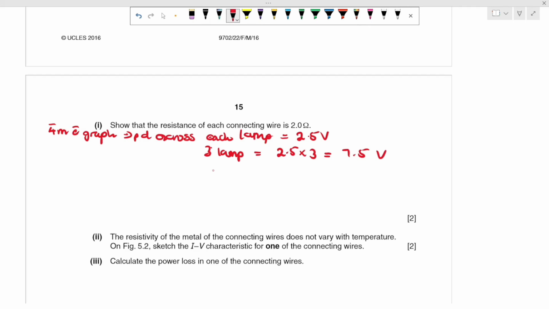So it means that the PD that will go in the connecting wire, right? So PD across the wire, we've been asked for each, pay particular attention to key terms, guys.